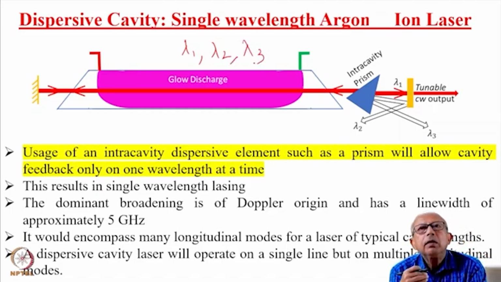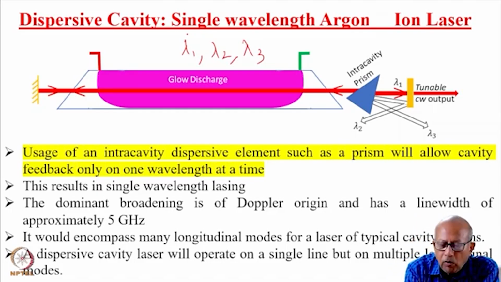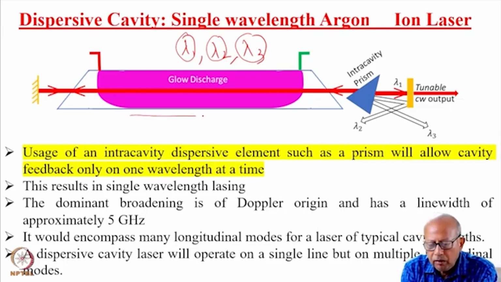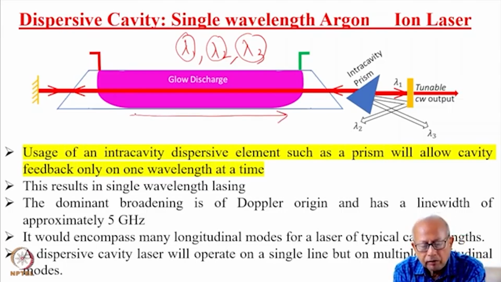And spontaneous emission begins on all these. Initially, there will be some single pass stimulated emission, so there will be some amplification of light as it travels through the gain medium, and this light shines onto the prism.